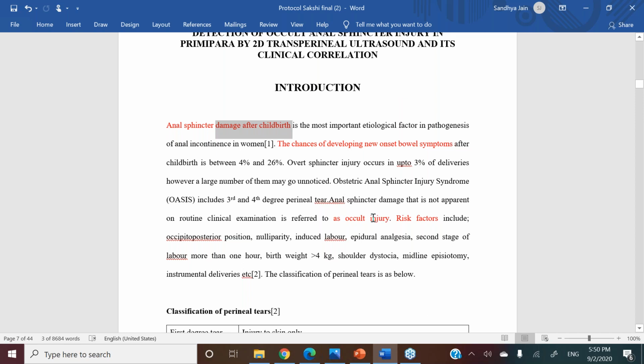I defined it that any damage that is not apparent on clinical examination is occult. So you see, I've started with general sphincter damage, the chance of new onset symptoms, the incidence, come to the definition of occult injury right there, so that my reader is not confused.